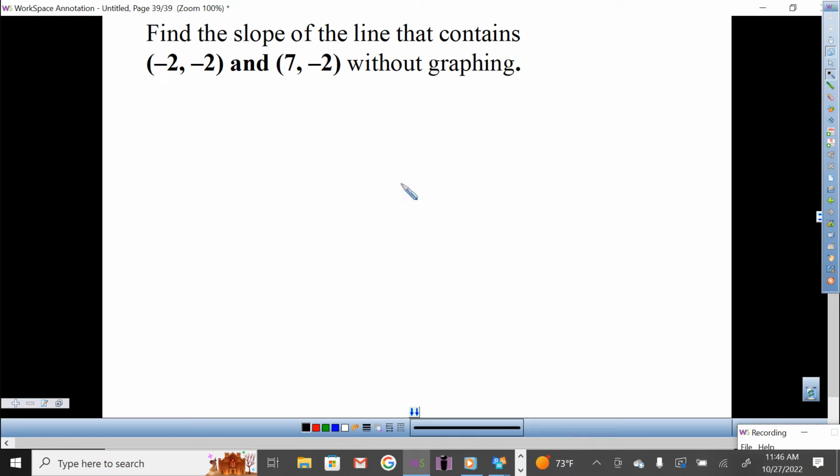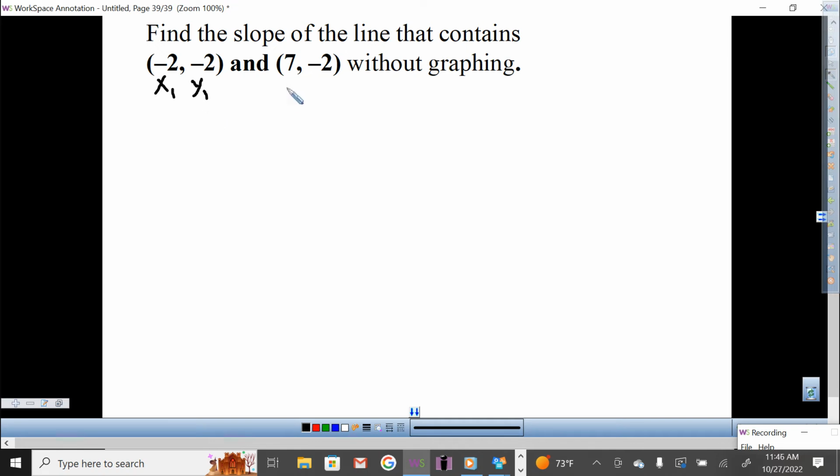So what is the first thing we do? We label it, right? So what would I label this? x1, y1.